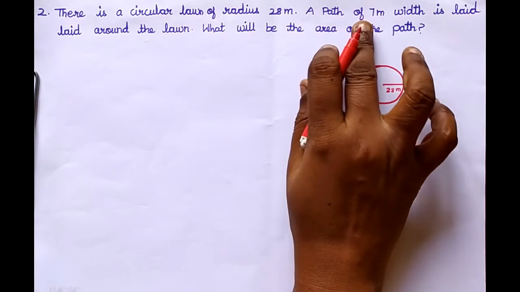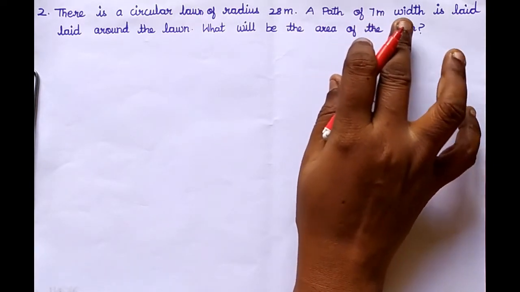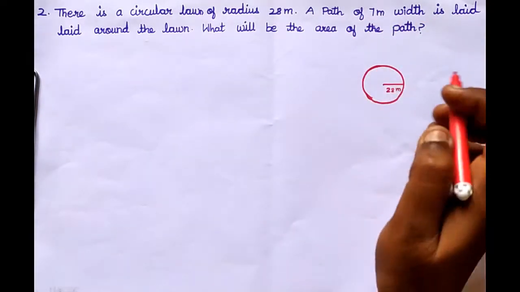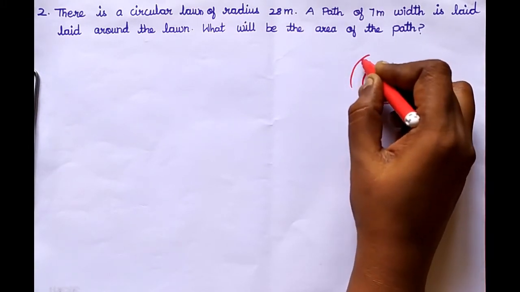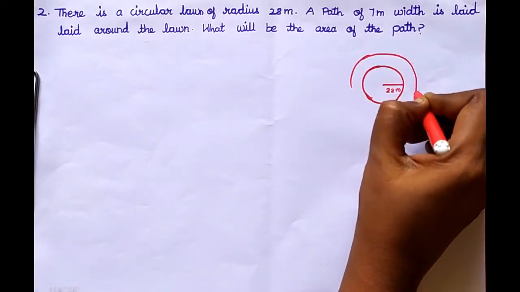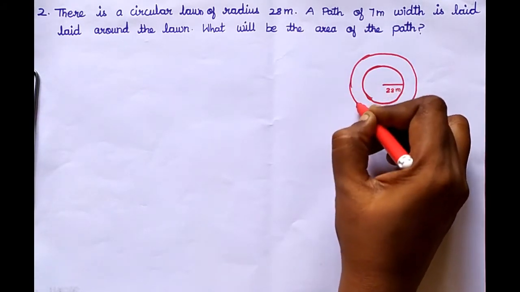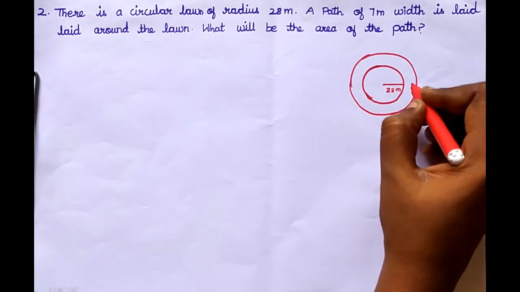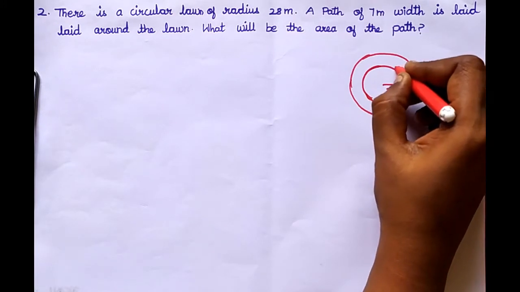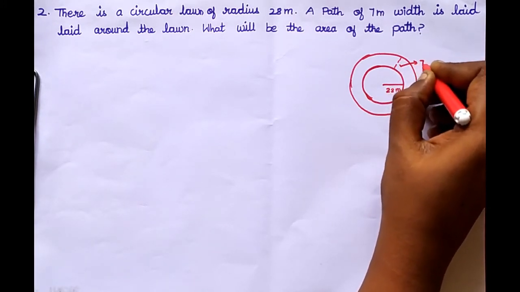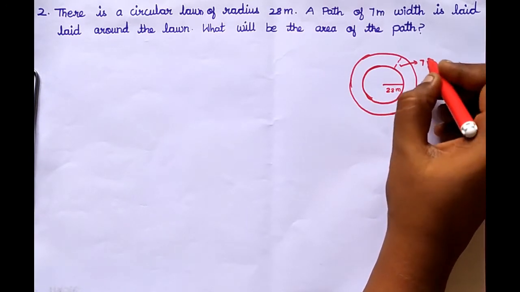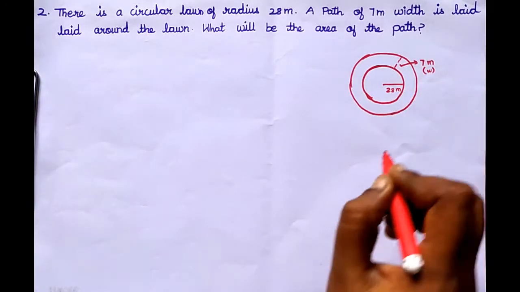A path of 7 meter width is laid around the lawn. So here one path is there. Its width is how much? 7 meter. That is the width.